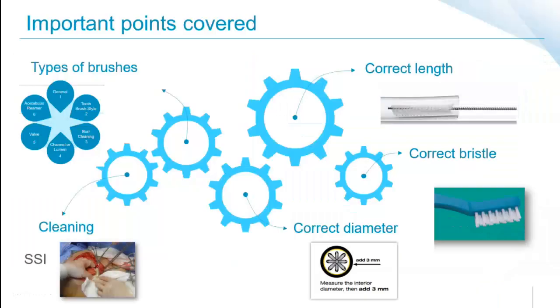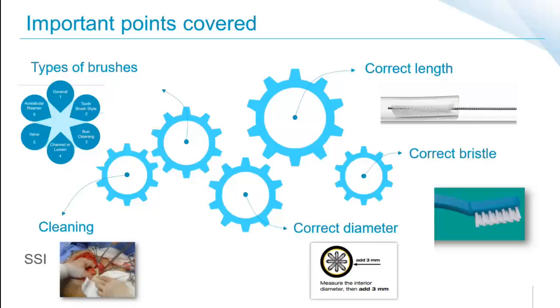So what have we covered so far? We've reminded ourselves that if we don't clean an instrument correctly, especially a lumen or a complex device, there is a chance that we could give our patient a surgical site infection. We've now reminded ourselves of the different types of brushes: general, toothbrush style, lumen or channel cleaning, valve cleaning, acetabular type cleaning brushes.